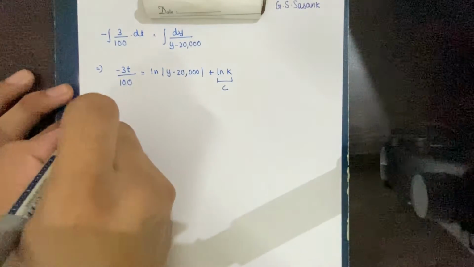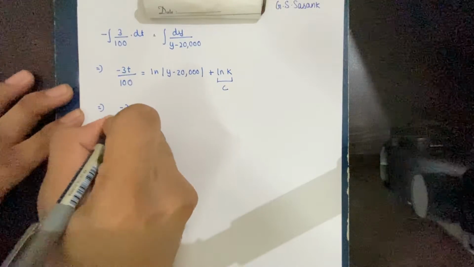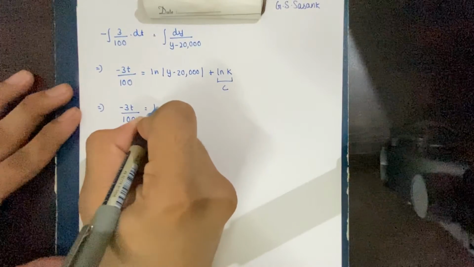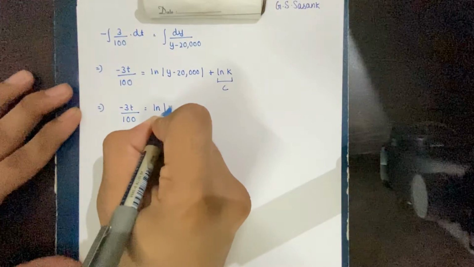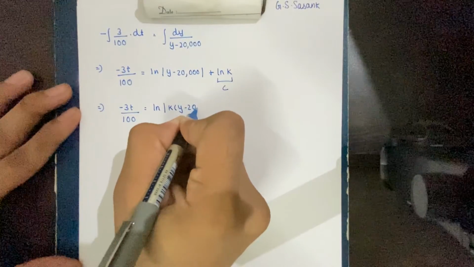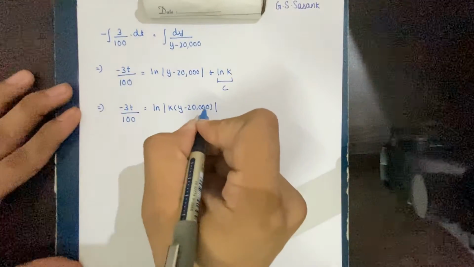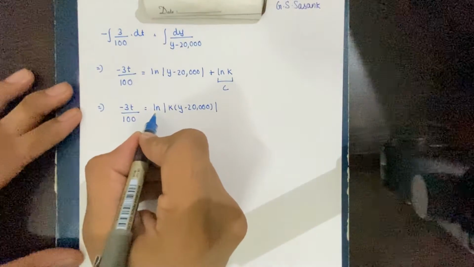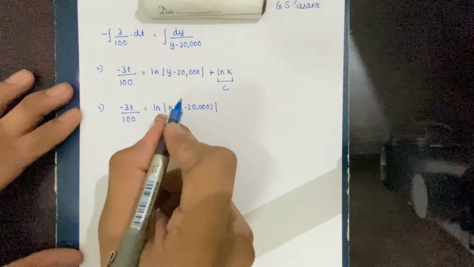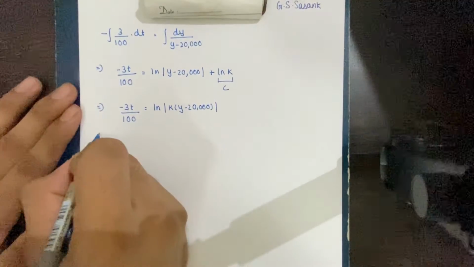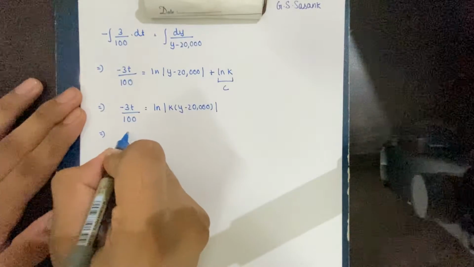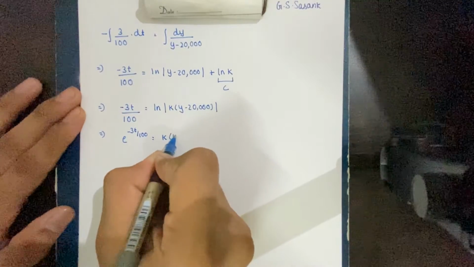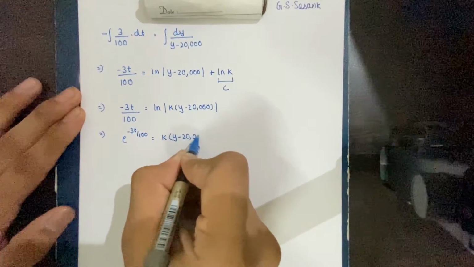So that turns out to be minus 3t by 100 equals ln of k times y minus 20,000. Natural log is always to the base e, so I'm going to bring the e to the other side. That gives us e power minus 3t by 100 equals k times y minus 20,000.